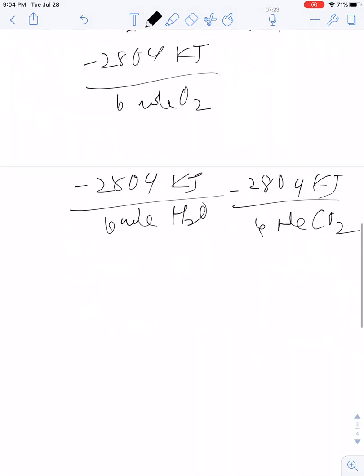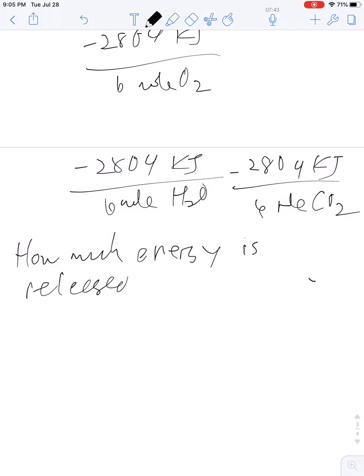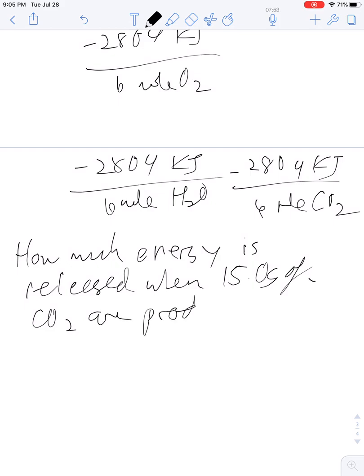So if you were to then have a follow-up problem like this, how much energy is released when 15 grams of carbon dioxide are produced? Well, it's a little stoichiometry problem. We got 15 grams of CO2.